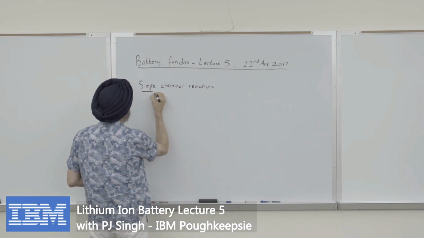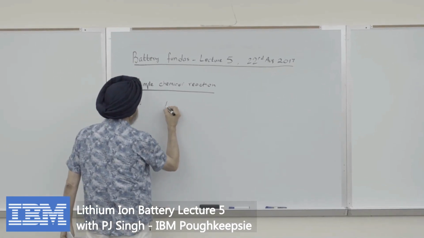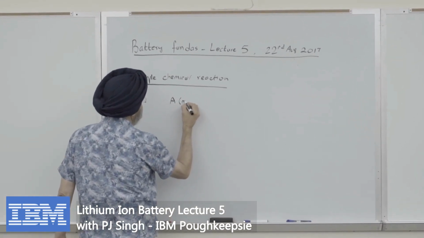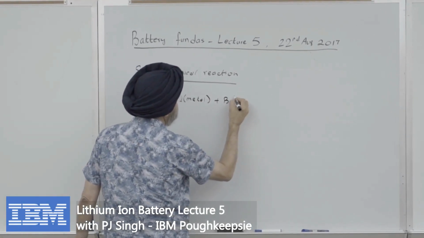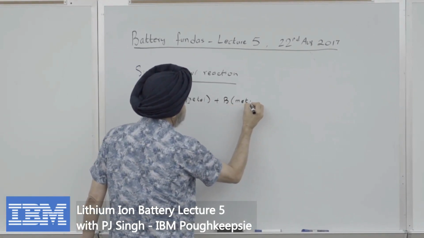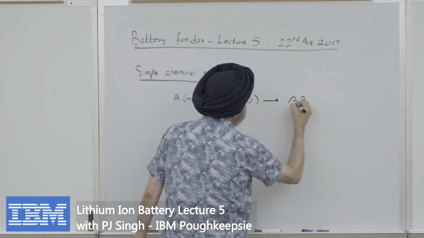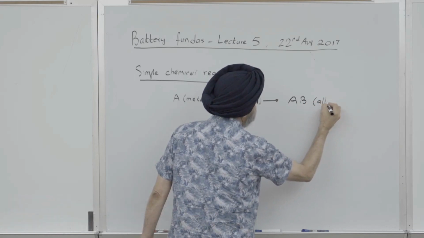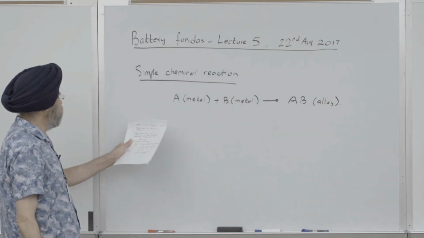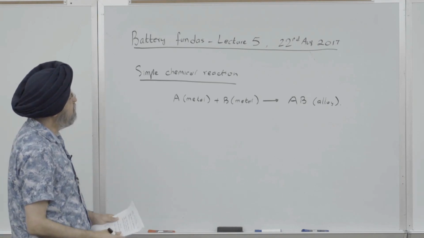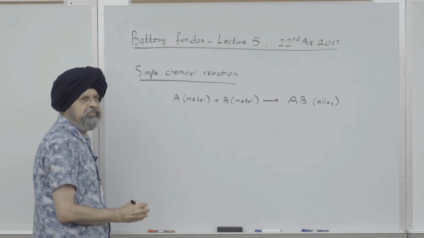Suppose you have metal A and metal B. So A is a metal plus B metal gives you AB alloy. So this reaction has what's called a driving force.